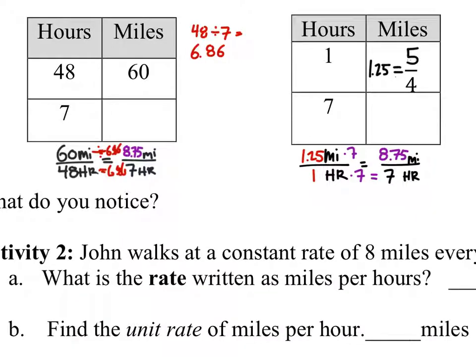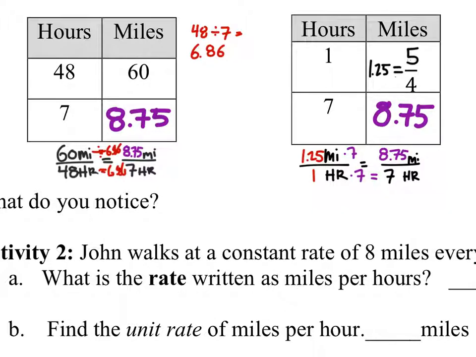Now notice, we got the same answer for both of these, the 8.75. But one of these was much easier to solve, right? Why? Well, there were lots of fractions and no mixed numbers. Which one was easier, the first one or the second one? Hopefully the second one was easier.